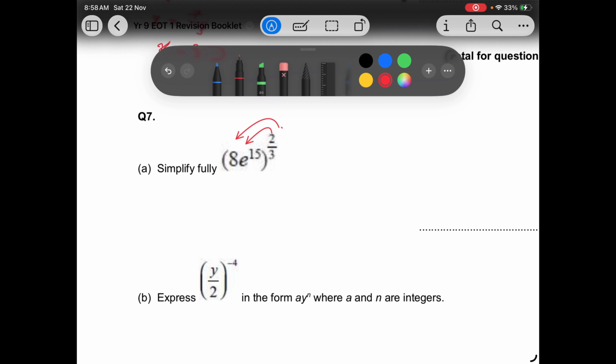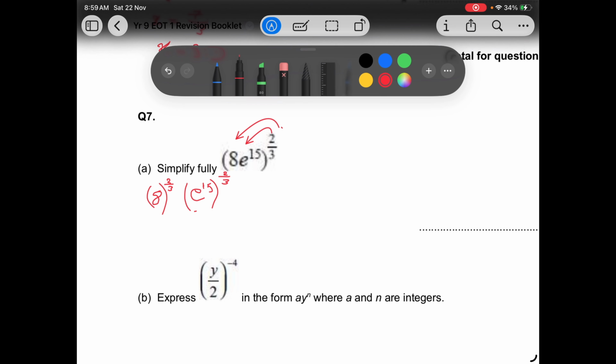But before I even distribute this power to these two guys, I can make it like this: 8 to the power of 2 over 3 and e to the power of 15 to the power of 2 over 3, indeed.